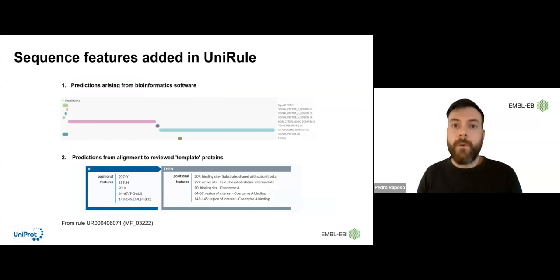We are also able to add annotation from the sequence as special conditions. There are 2 different types of annotation being added here. Firstly, bioinformatics software for transmembrane regions and signal peptide predictions is run on each of these sequences. This particular protein has some evidence of transmembrane regions, so that would be part of the annotation within the rule.